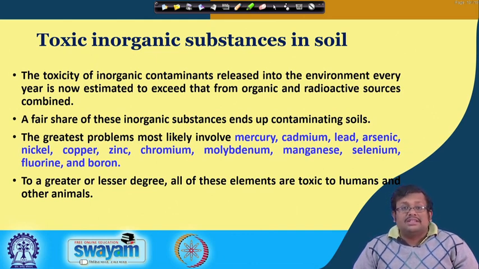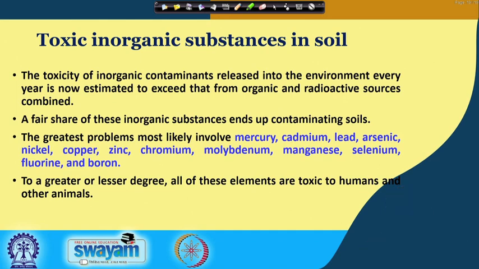A fair share of this inorganic substance ends up contaminating the soils, and the greatest problem most likely involves these metals: mercury, cadmium, lead, arsenic, nickel, copper, zinc, chromium, molybdenum, manganese, selenium, fluorine and boron. So, all these are responsible for environmental or in other words soil pollution, and each of them produces potential health hazards. So, to a greater or lesser degree, all of these elements are toxic to humans and other organisms.